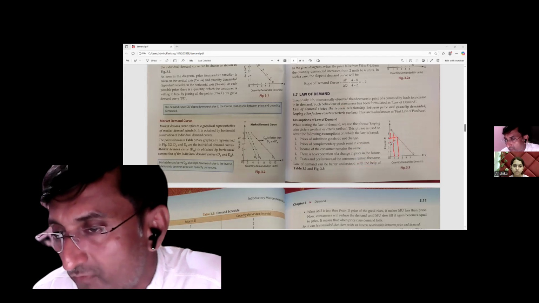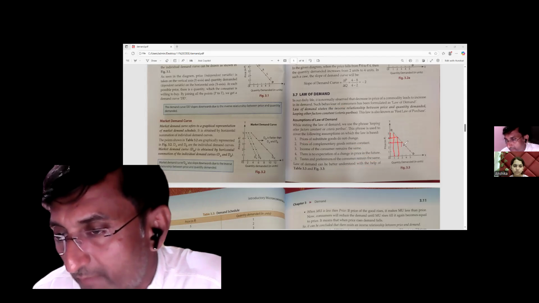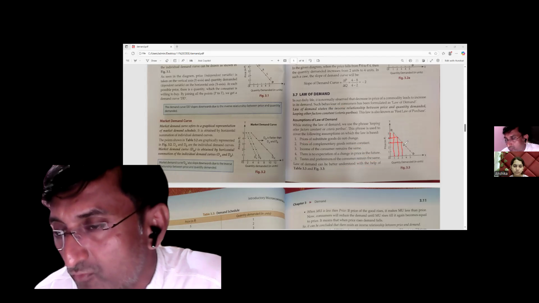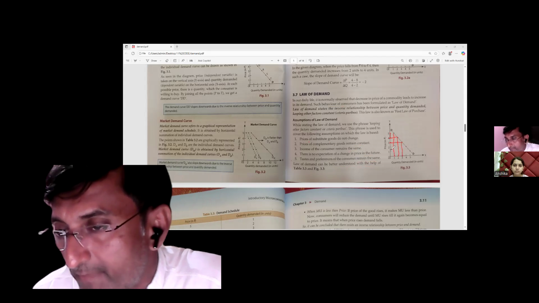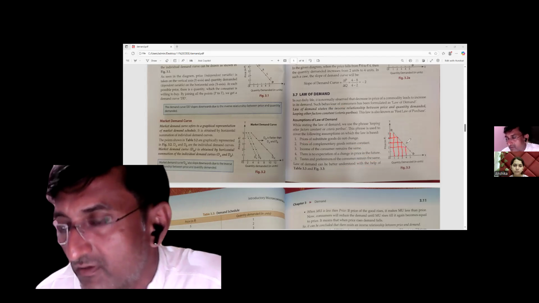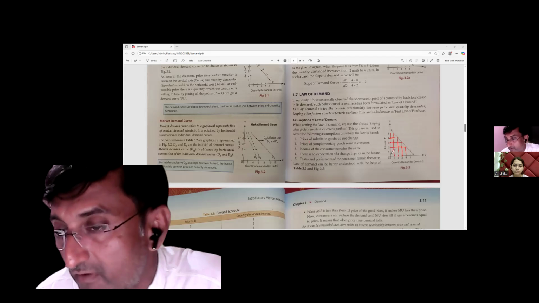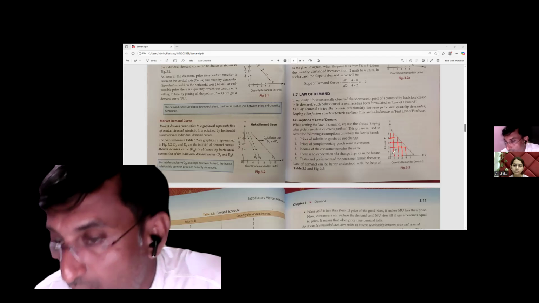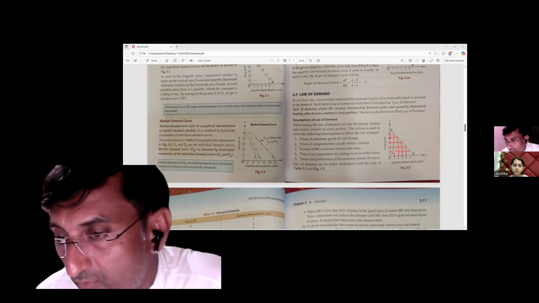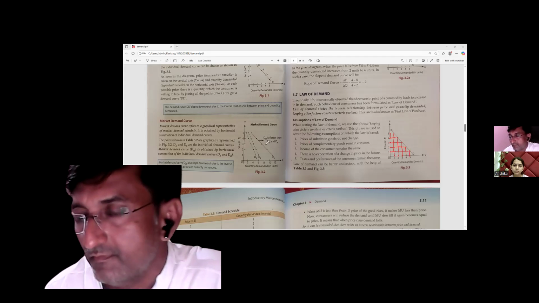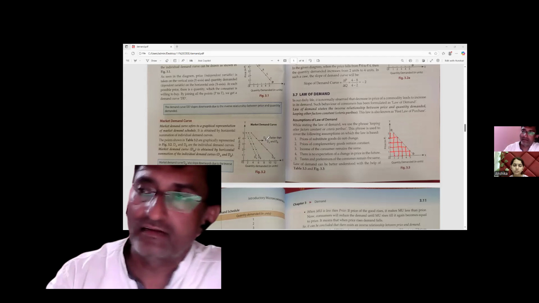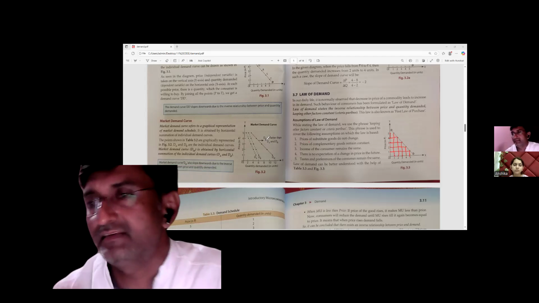When the price fell from 4 to 3, you can buy more, from 2 to 3. When the price fell from 3 to 2, you can buy 4 units. When the price fell from 2 to 1 rupees, you can buy 5. It means other factors are constant, but only the price is decreased.